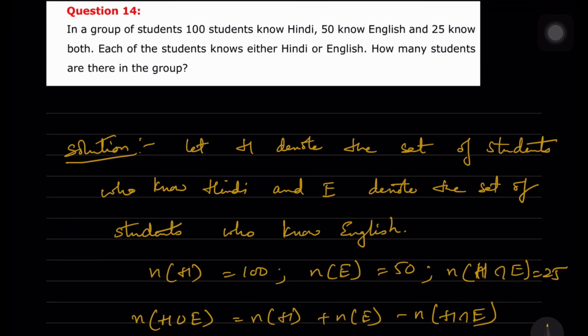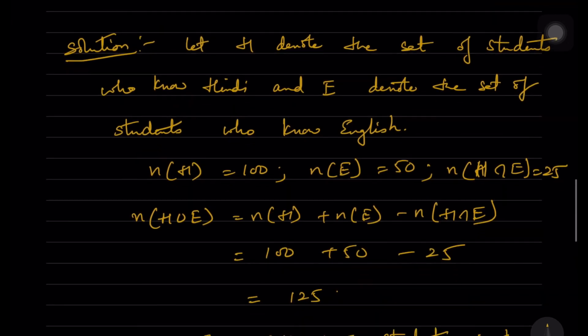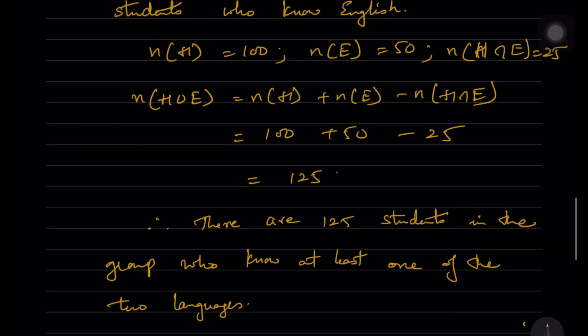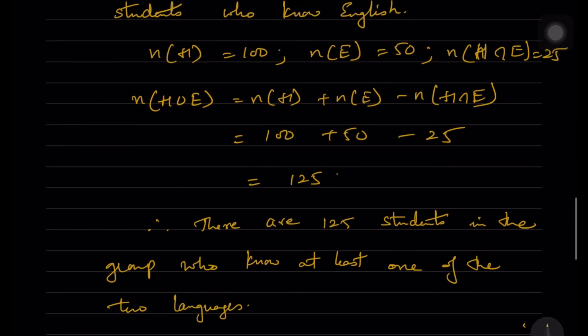So n(H) is equal to 100, n(E) is equal to 50, n(H ∩ E) is equal to 25 and n(H ∪ E) is equal to n(H) plus n(E) minus n(H ∩ E), which is equal to 100 plus 50 minus 25, which is equal to 125. There are 125 students in the group who know at least one of the two languages.